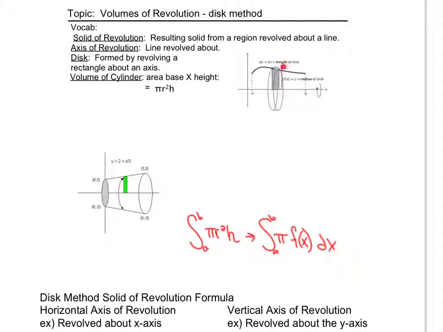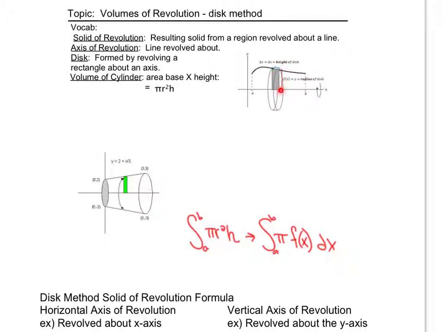Okay. So if I look at this cylinder, it's a cylinder laying on its side, and the base of the cylinder here is going to have a radius, from the center out, of f of x.